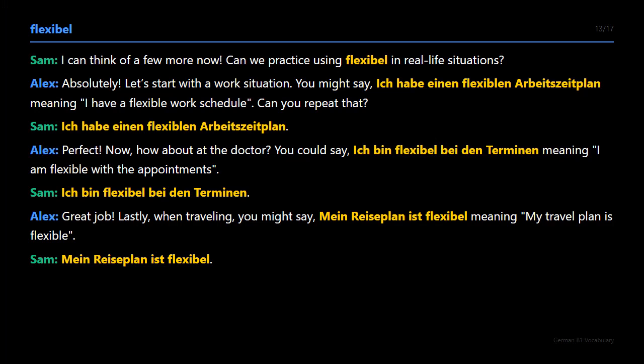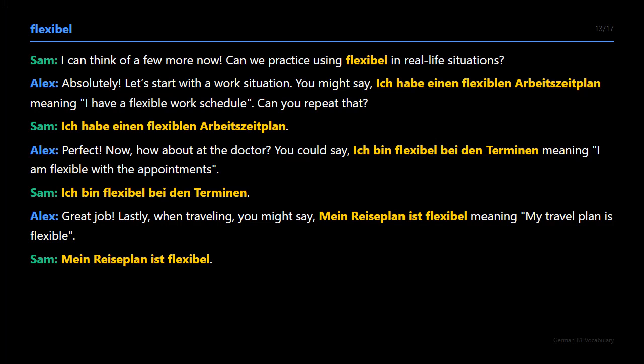Can you repeat that? Ich habe einen flexiblen Arbeitszeitplan. Perfect. Now, how about at the doctor? You could say, Ich bin flexibel bei den Terminen, meaning I am flexible with the appointments.